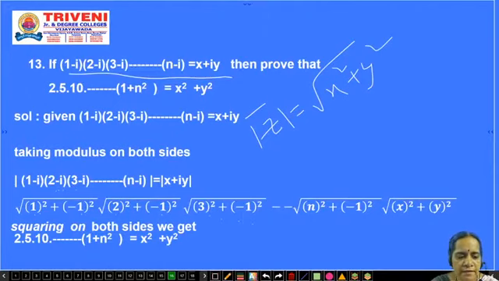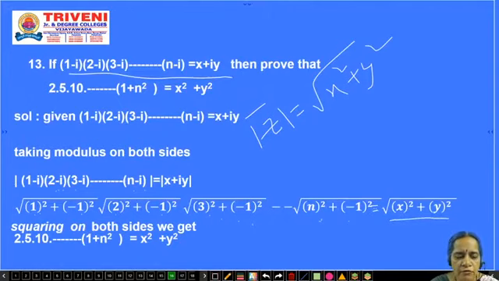Here x is n whole square plus y is minus 1 whole square. On the right hand side, mod of x plus iy is equal to square root of x square plus y square.